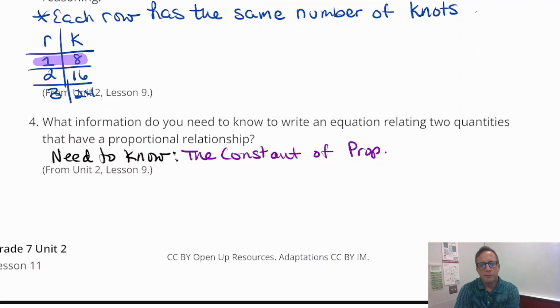All right, that's important. And what other information? Well, it's good to know if it does have a constant of proportionality. Otherwise, it might be difficult to do this. It's not impossible, though. It's just not going to be the same kind of equation.